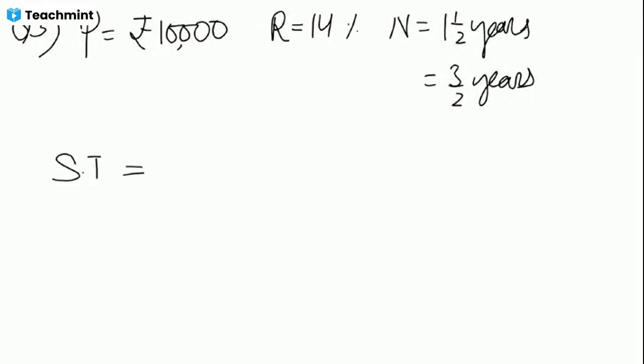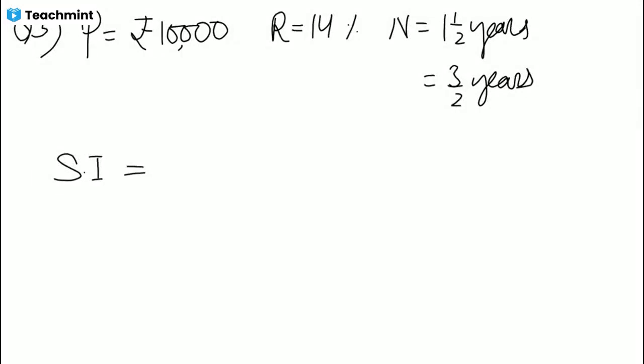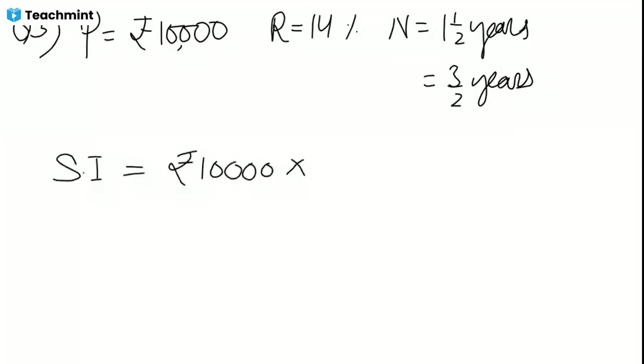You need to find finally the amount by adding SI to P. Are you getting? Because in the third question you need to find amount. So SI is P R T over 100. P is 10,000 into R is 14 over 100, and N is 3 by 2.